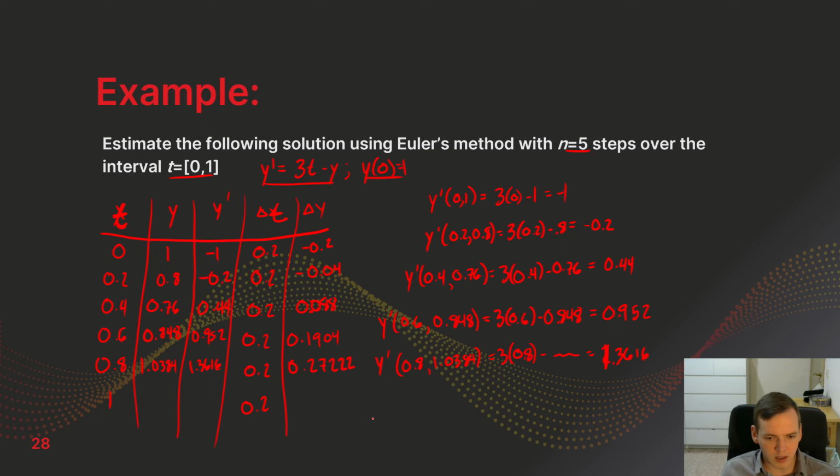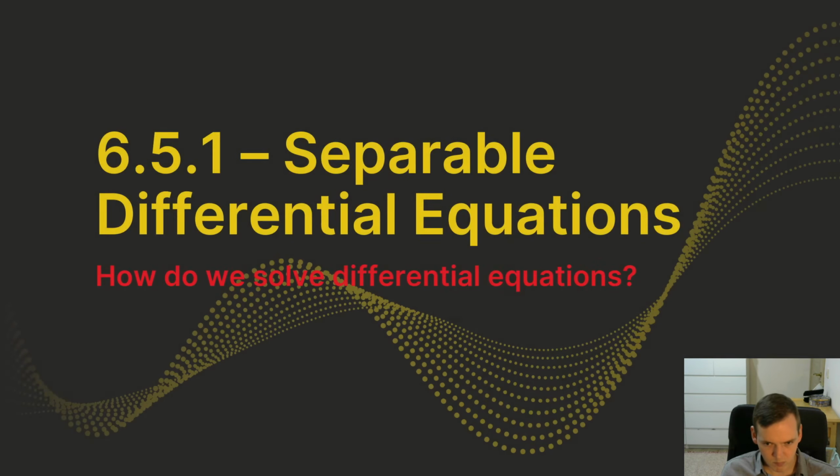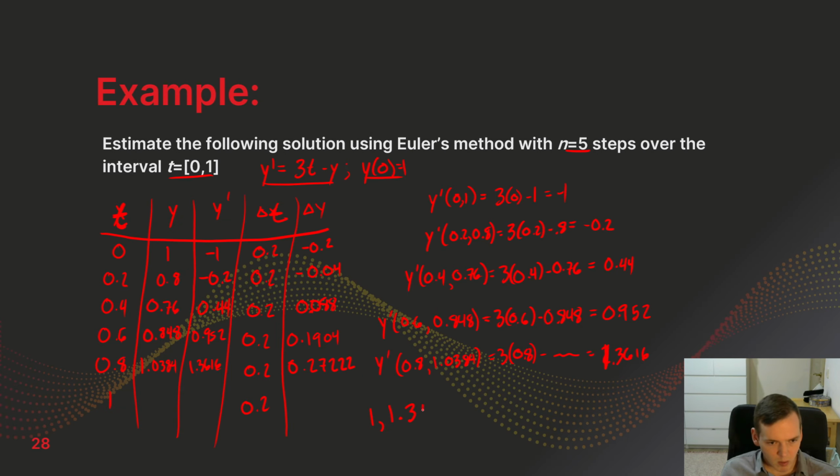Add that on and we get the final value of 1, comma 1.31.